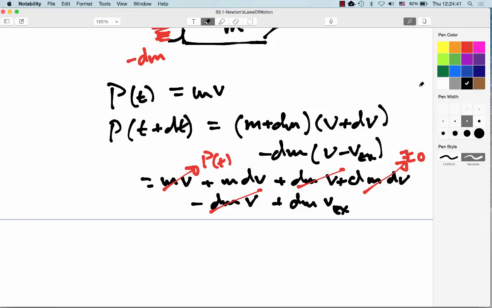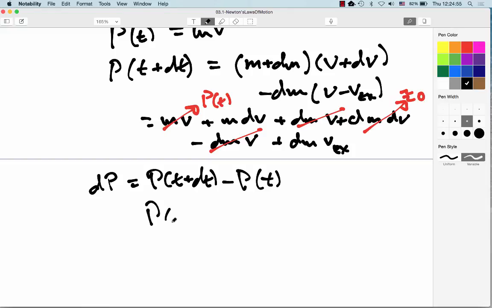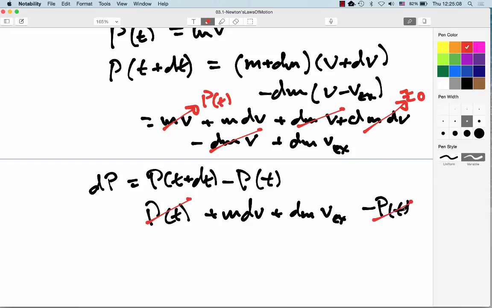Okay. So to get my dp, that'd be equal to p at t plus dt minus p at time t. Alrighty. So what we've got here is p at time t plus m dv plus dm times v exhaust minus p at time t, and those cancel. So we've got our dp.